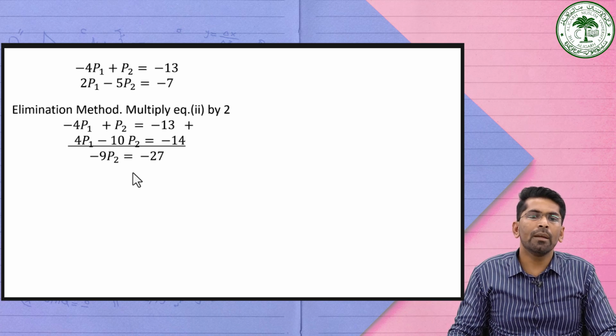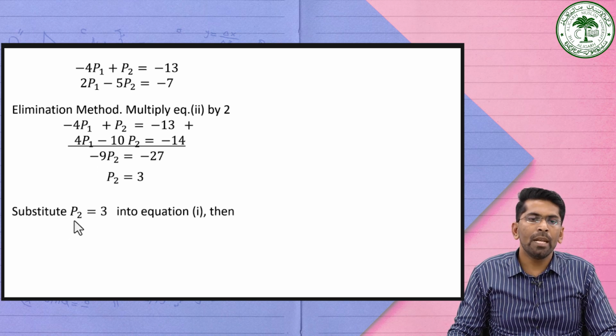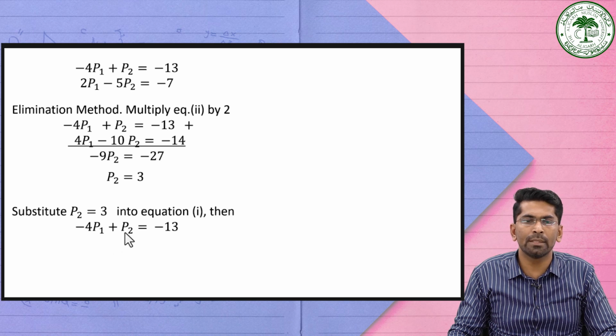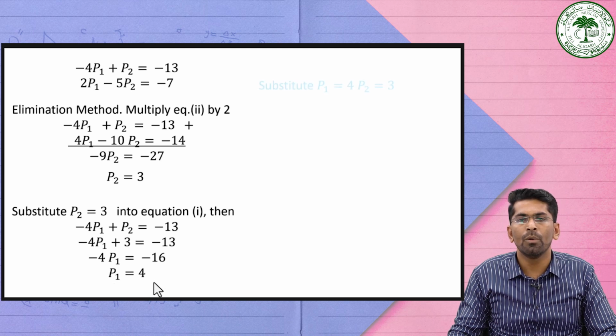Here we can divide both sides of the equation by minus 9, then P2 is equal to 3. When P2 is equal to 3, we can substitute in equation number 1: minus 4P1 plus P2 equal to minus 13. Substituting P2 equal to 3, you can solve it and you will get P1 equal to 4.